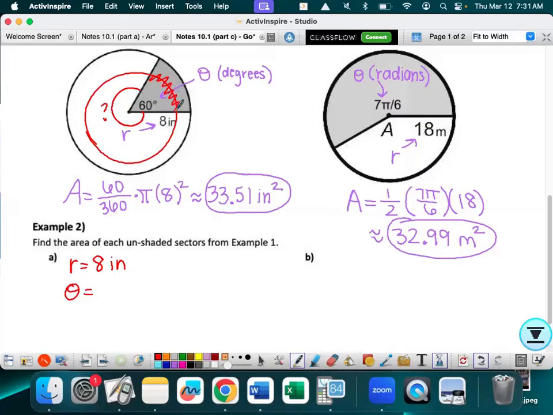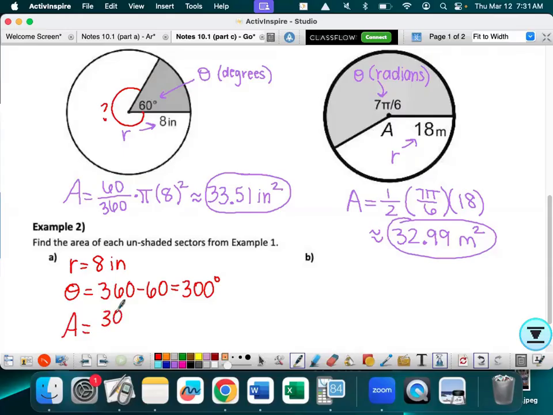This portion was 60 degrees. So if we take away the 60 from the 360, we should be left with the angle that we want. And we are left with 300 degrees. Go ahead and fill out your area formula for this one. It's the same formula as last time, but we just have a different angle. We're using 300 instead of 60.